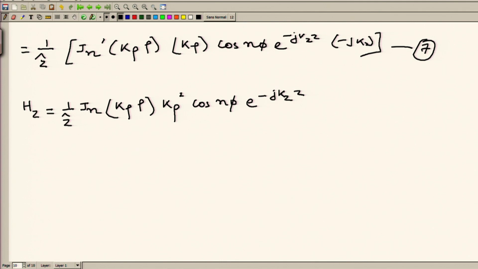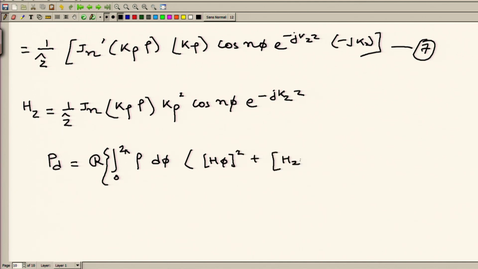Again, to find the attenuation constant we need P d and P f. The power dissipated P d can be written as R times the integration from 0 to 2 pi of rho d phi, then H phi square plus H z square at z equals 0 and rho equals a.